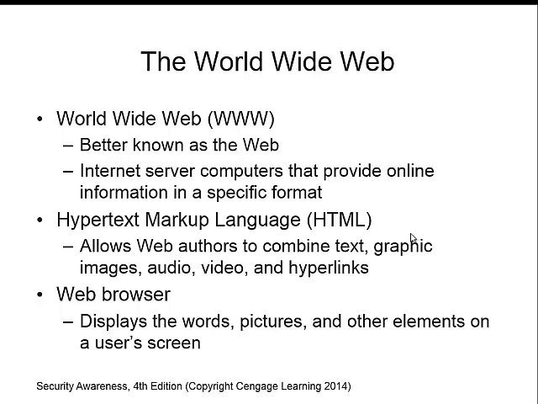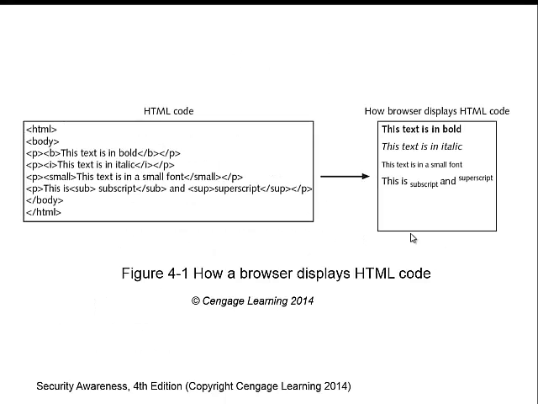This allows web authors to combine text, graphic images, audio, video, and hyperlinks. Web browsers, and there are several different ones, are used to display the words, the pictures, and other elements on a user's screen. Here's an example of HTML, how the computer sees it, and how your web browser sees it.